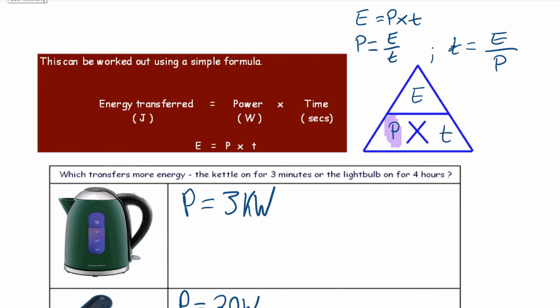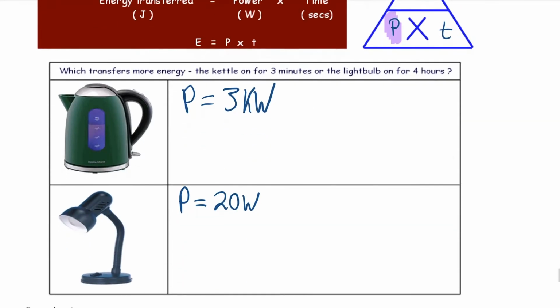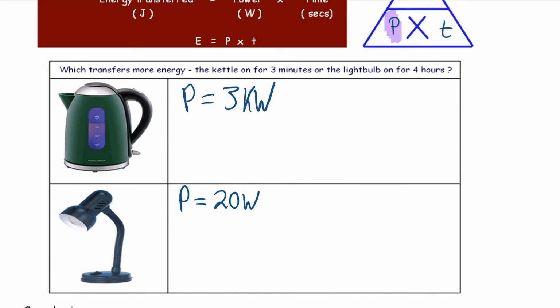In the case here then, for the kettle and the lamp, it's asking which transfers the most energy. In order to work that out, we use the equation E equals P times T. In these equations, we've got to work in watts, so we've got to convert 3 kilowatts to 3,000 watts.